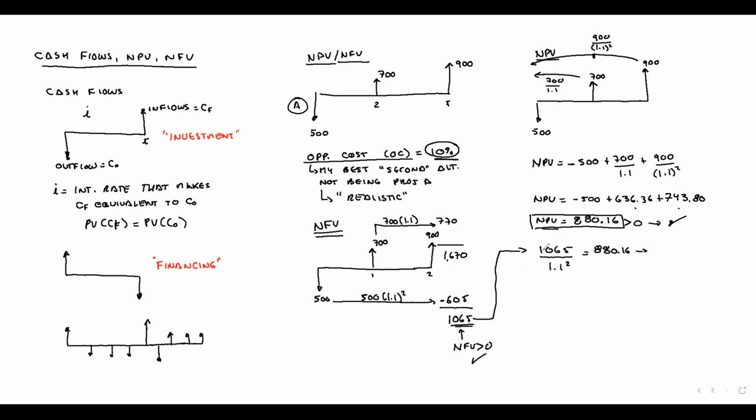So this one here is my net future value and this one here is my net present value, right? So they are equivalent. And you can do the reverse if you want. If you want to move 880.16 two periods into the future, multiplying by 1.1 squared, you're going to obtain 1065. That is your net future value. And see, these two are equivalent.